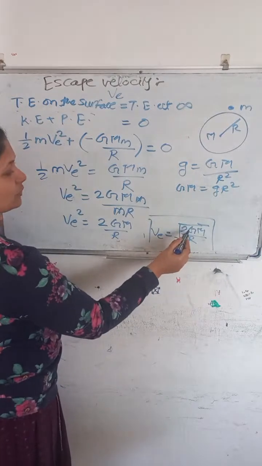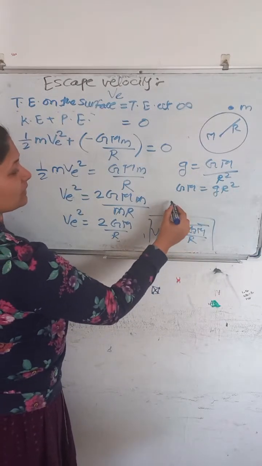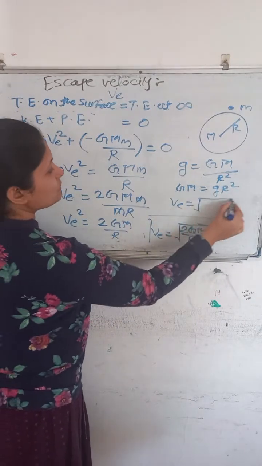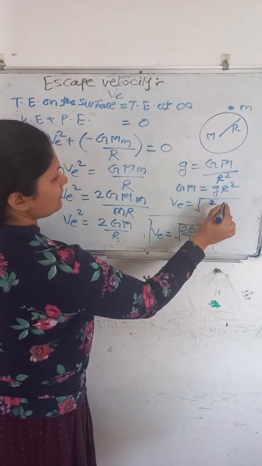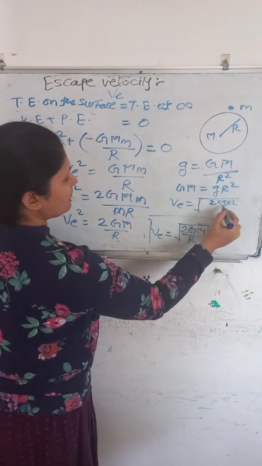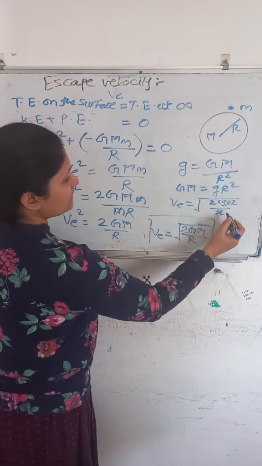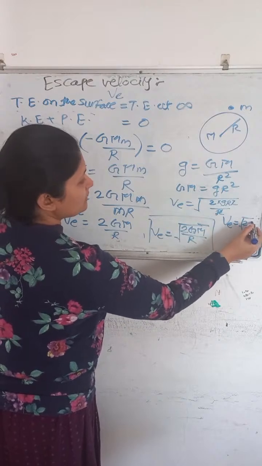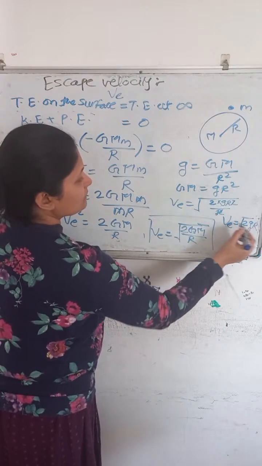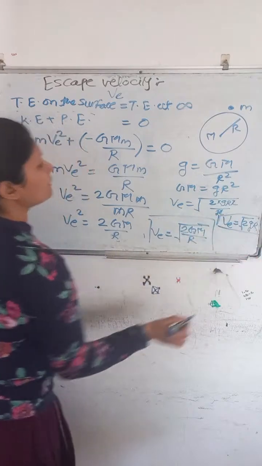Substituting the value of GM, ve is equal to square root of 2 gR square upon R, so this R and this R get cancelled, and ve is nothing but square root of 2gR.